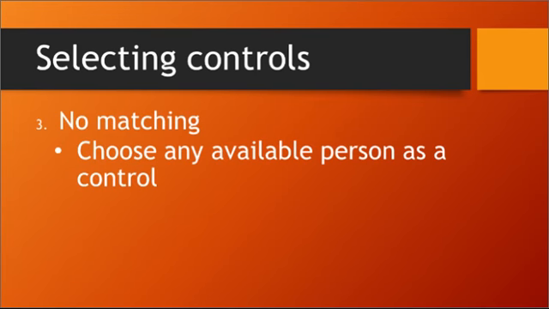The third way that we select controls is that there isn't any matching on anything. In other words, the controls are just chosen randomly from different groups. For example, sometimes controls are chosen from the same location as the cases. So if we have an oncology study, case control study, where we're looking at lung cancer, we might access the cases from that center.